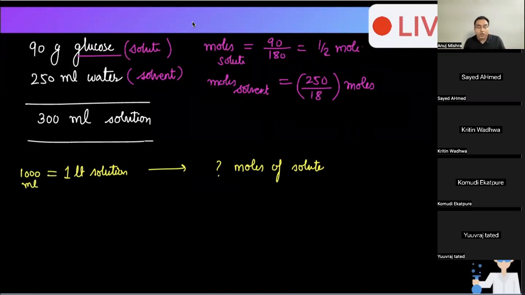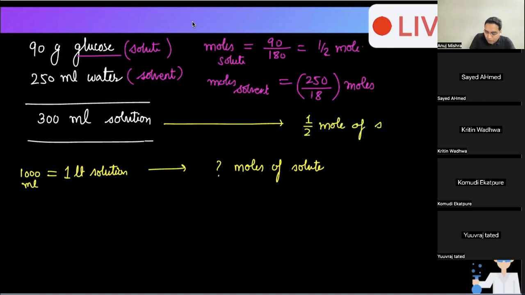So in our question, 300 ml of solution has half mole of solute. Can we do it for 1000 ml? Yes. Try doing it, everyone. Simple maths, unitary method. I expect all of you know how to do that. Please do that and get me the final answer.